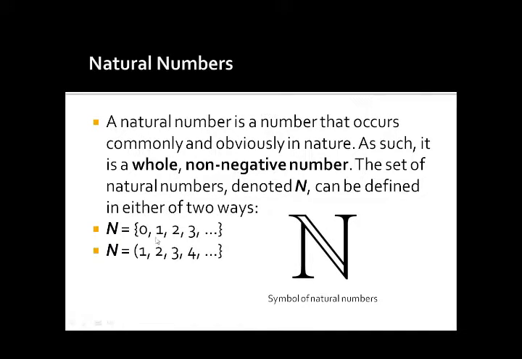Because if we remember well, counting numbers generally start at 1, so it excludes 0, while the whole number system consists of 0, 1, 2, 3, whole numbers. And here is the symbol of natural numbers.